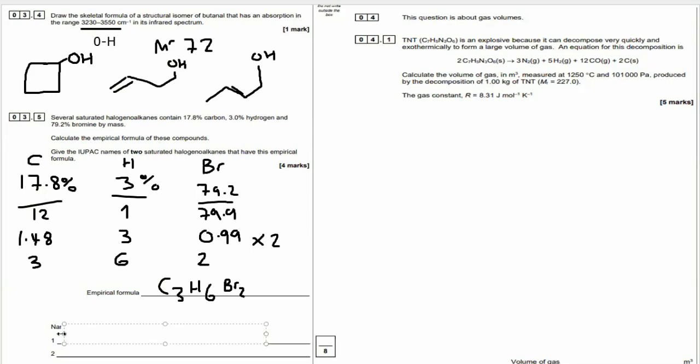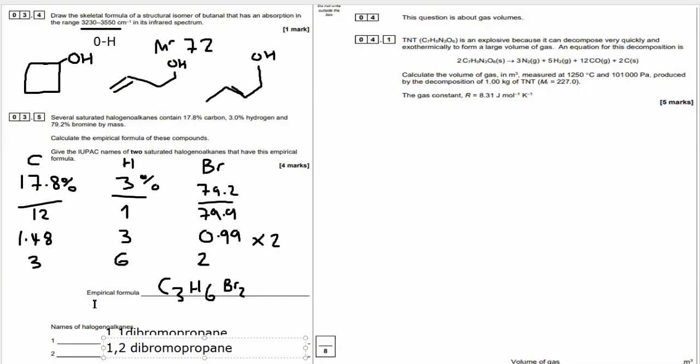We've got 3 carbons, so we know it's going to be a propane. Where can you put those bromines? You could put them both on the same carbon, so you could have 1,1-dibromopropane. You could have 1,2-dibromopropane. Or you could have 1,3-dibromopropane.